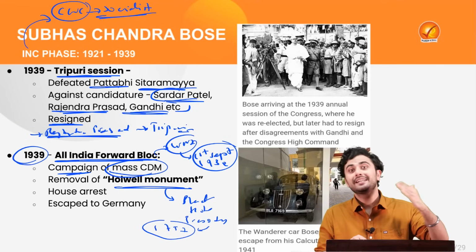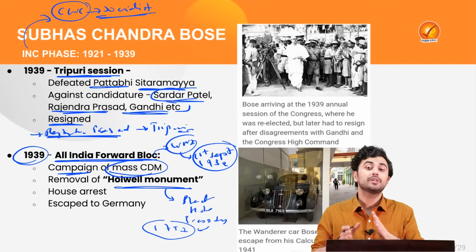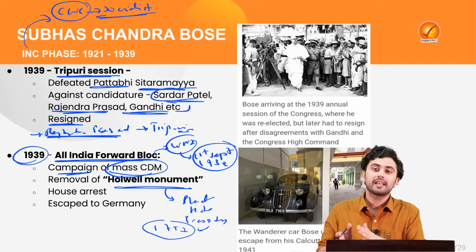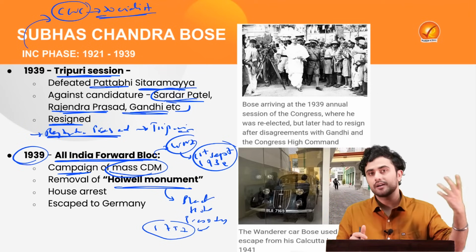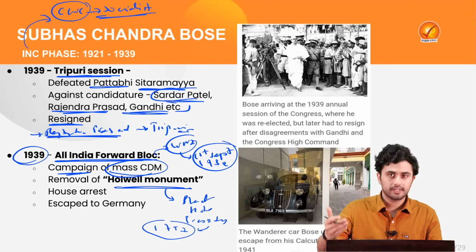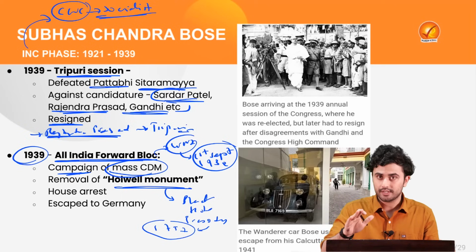Whenever he was leading this procession, he was arrested by the Britishers and kept in prison for 7 days, where he took a fast until death, and finally he was released and kept under house arrest.